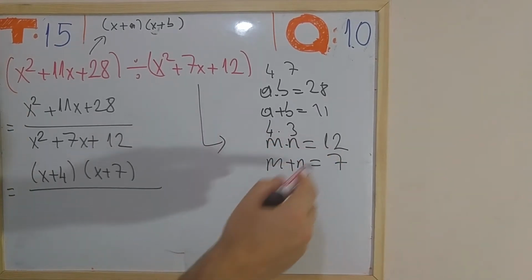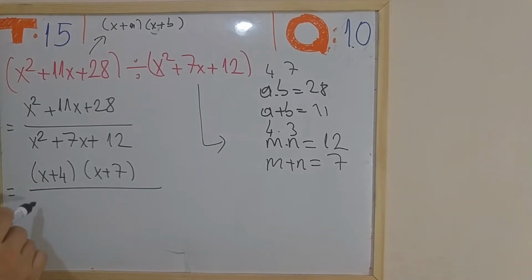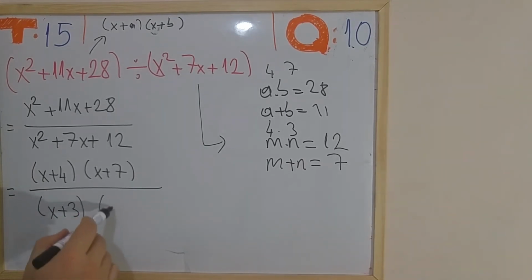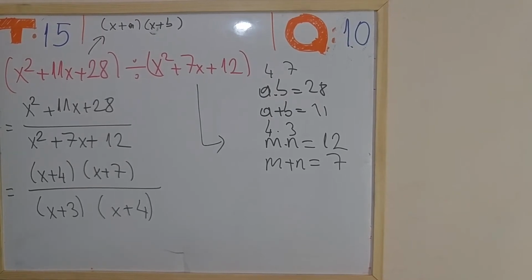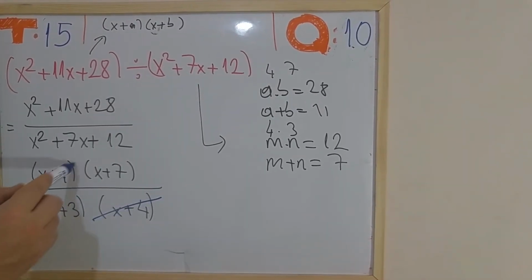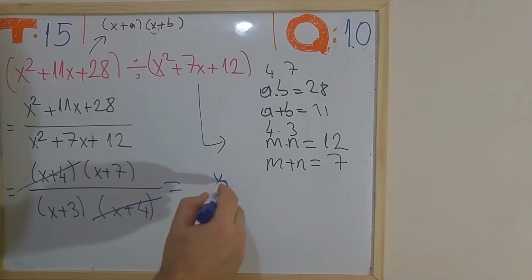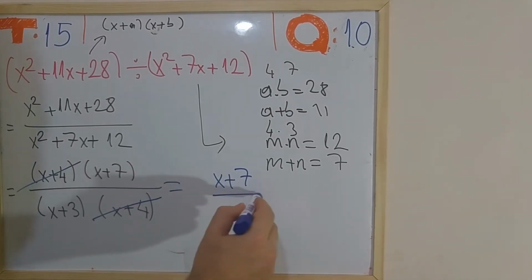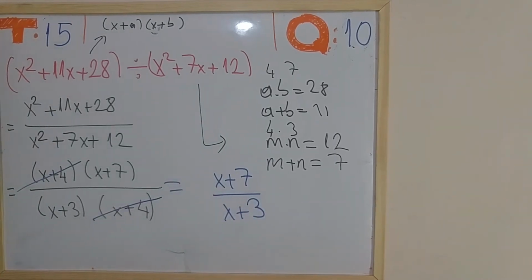Therefore, when you multiply these, it's going to be equal to 12, and when you sum up, it's going to be equal to 7. Let's write them down. Then (x plus 3) times (x plus 4). Then what you see here is simplification. The x plus 4's cancel each other out, and I am left with (x plus 7) divided by (x plus 3).